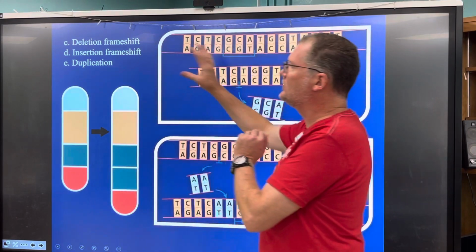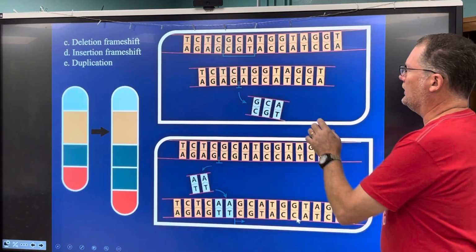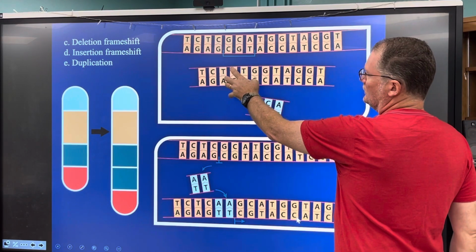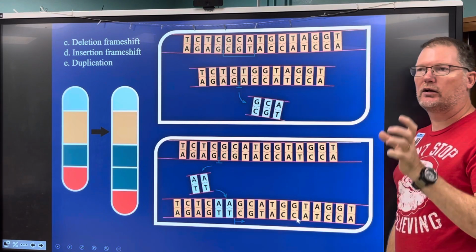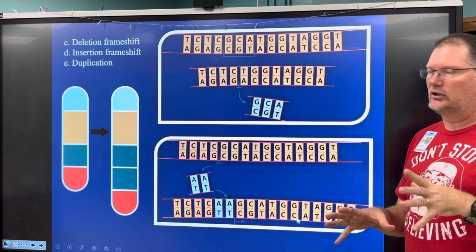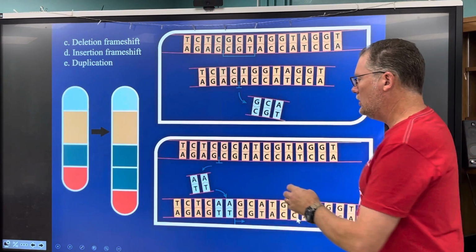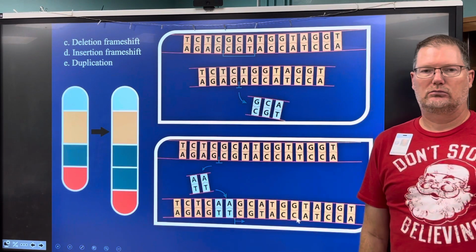So the first one is deletion. A deletion frame shift is when it mistakenly leaves out a part. Somehow a codon didn't code and it just leaves it out entirely. Insertion is when you get an extra piece inserted in the DNA.